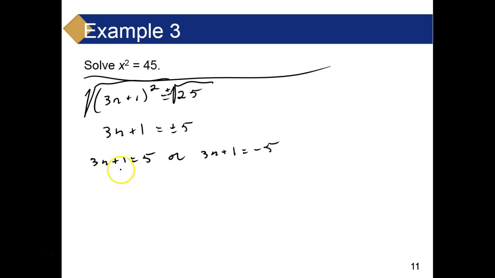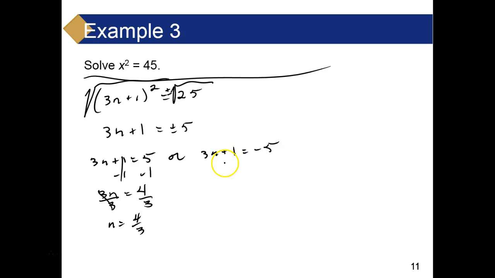Solve the first one. What do we do? Subtract 1 from both sides, and that gives us 3n is equal to, say again? Yeah, 4. Okay, good. Then what? Divide by 3. And that gives us n = 4/3. Or, the right-hand equation.